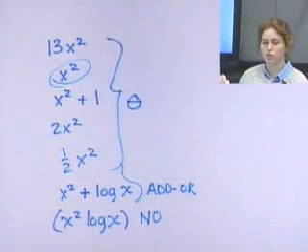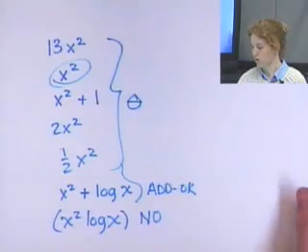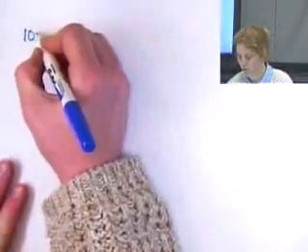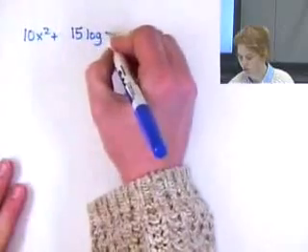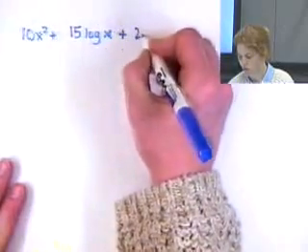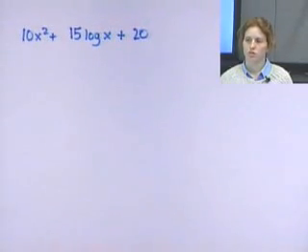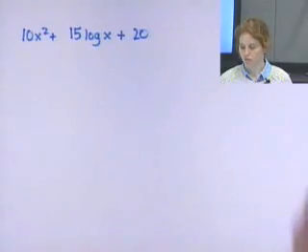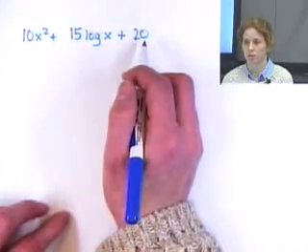So I'm going to give you some functions, and we're going to figure out what their big O is. So what's the smallest big O that this could be in? X squared. Because each of these functions is smaller than or equal to a constant times x squared.